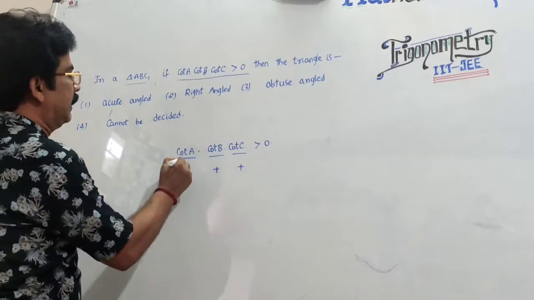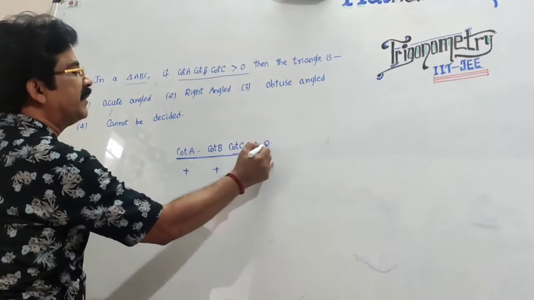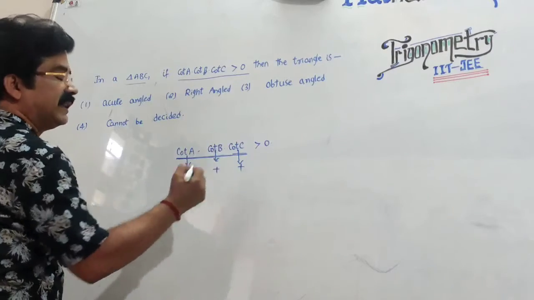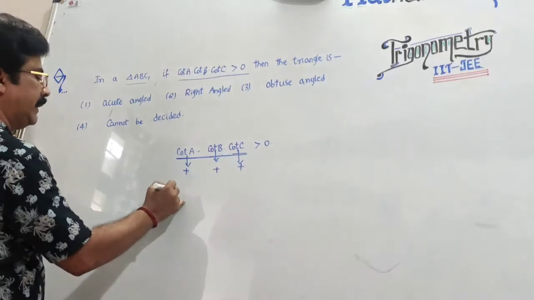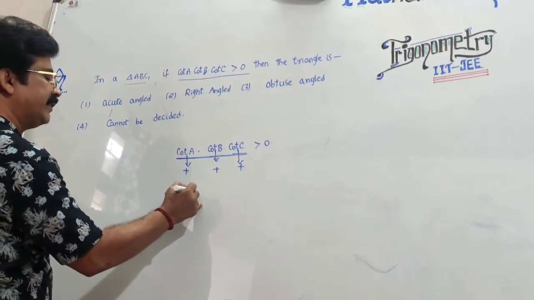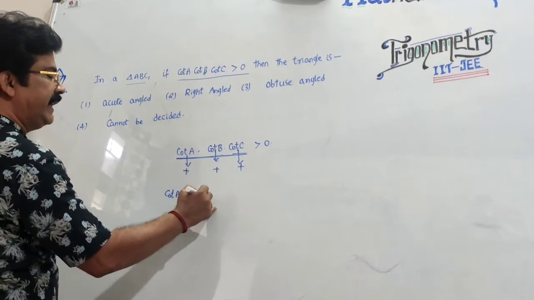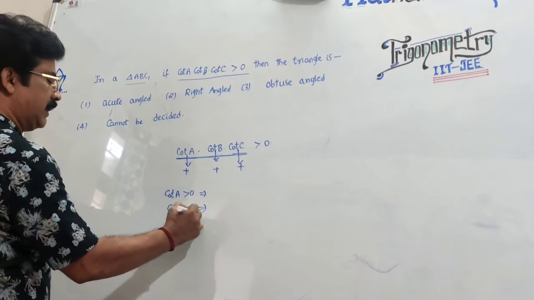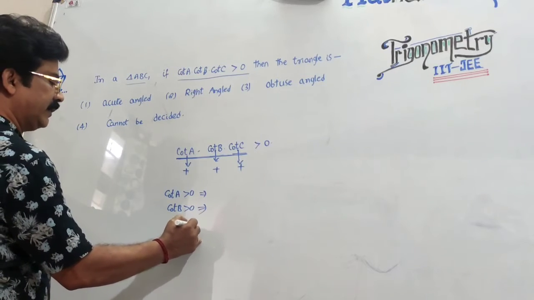So the product of three numbers is positive, and definitely each one is positive. Understand? So cot A is positive, cot B is positive, cot C is positive.